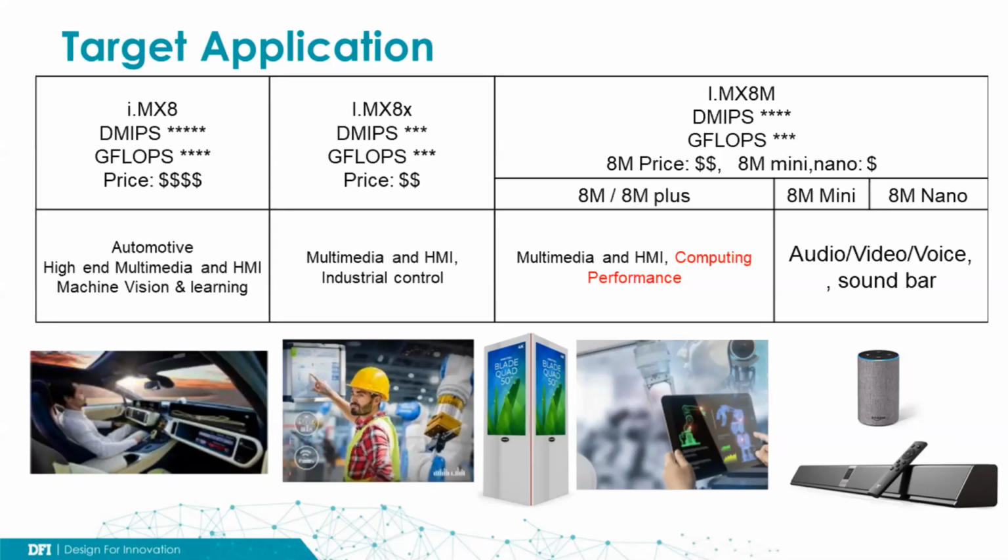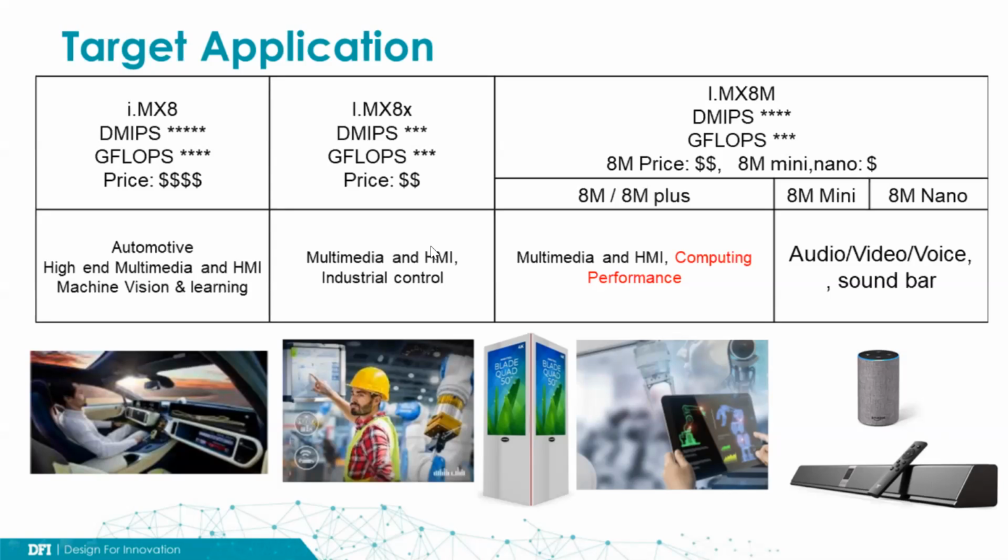The most high-end i.MX8 targets automotive applications. That means on this kind of CPU, you can run multiple OSes, multiple applications, even virtualization. In the middle, you will see the i.MX8X.